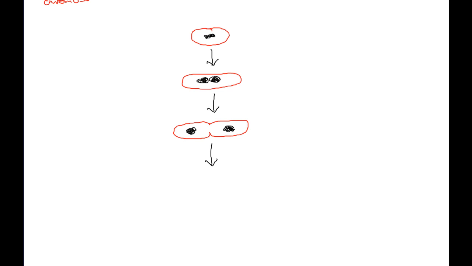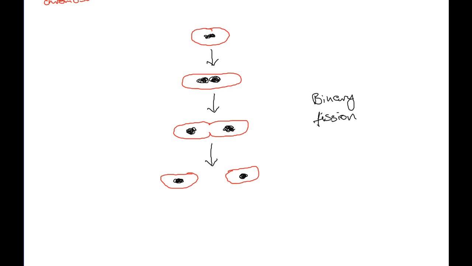And in the end, this cell will split in two, and you get two bacterial cells, excuse me, for the price of one. So that's what we call binary fission. It's a bit of a fudge to call this binary. Binary fission just means splitting in two, and it's also applied to yeast, for example.